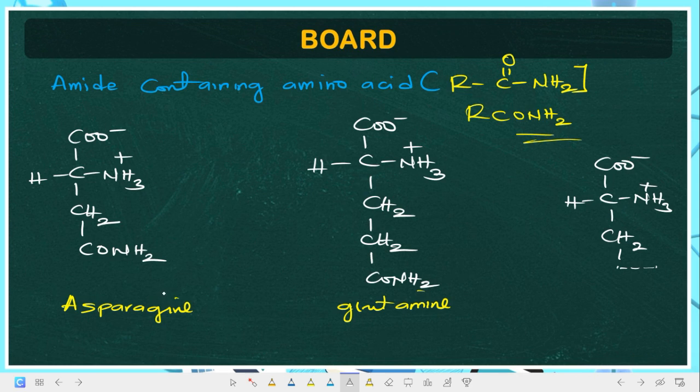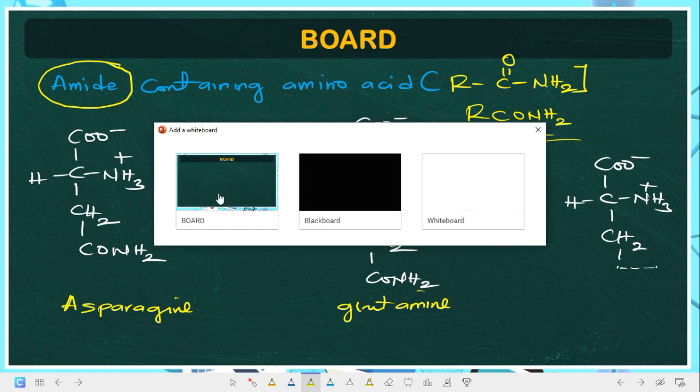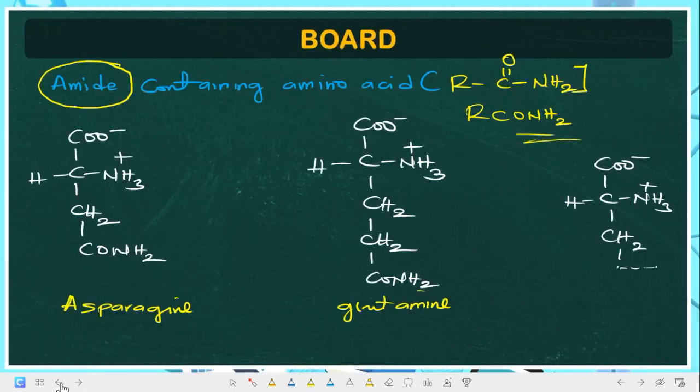So any amino acid that has the amine functional group is said to be an amine containing amino acid. Now the next one we are going to look at are the acids, but we've talked about monoamino, monocarboxylic.